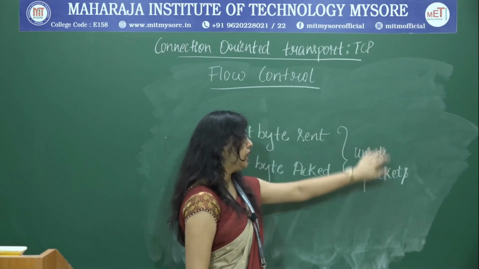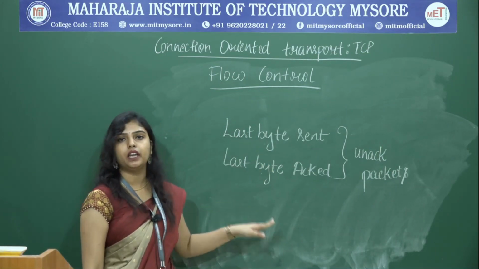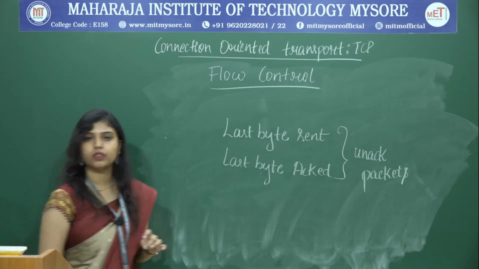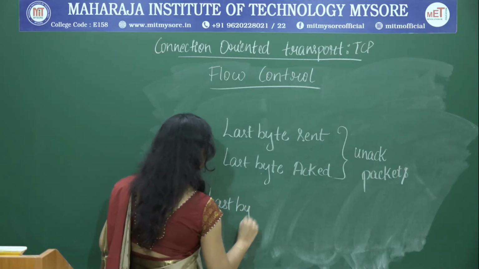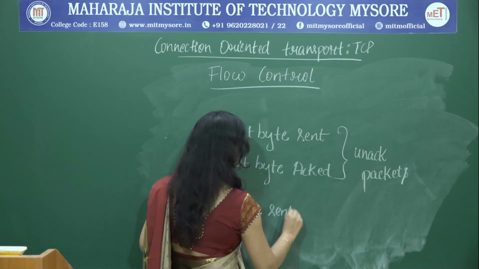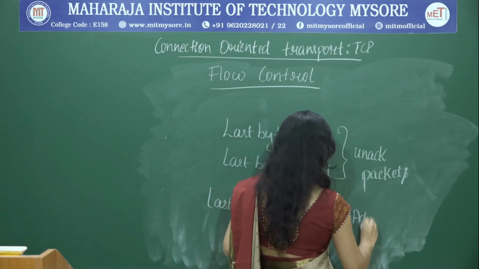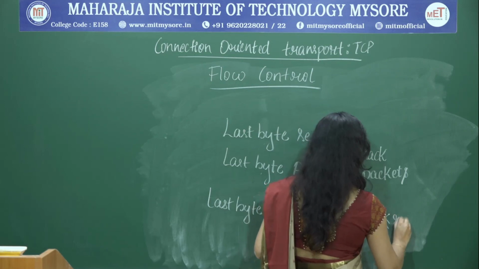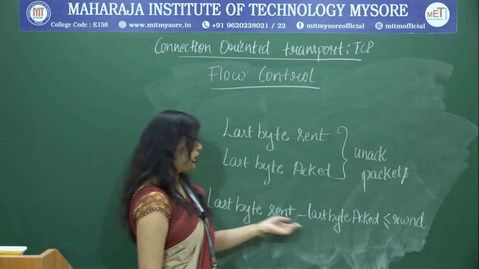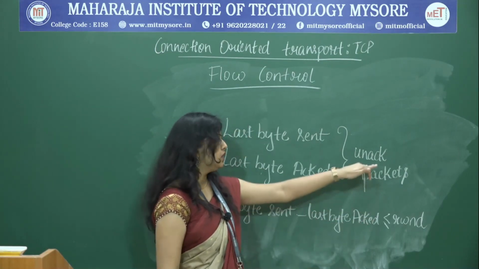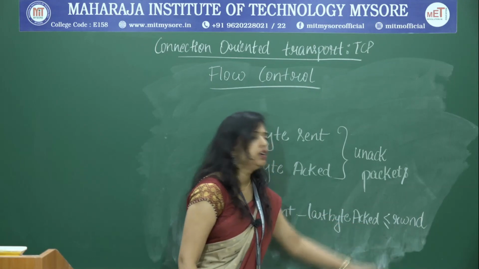So, by keeping track of the difference between these two variables, last byte sent minus last byte acknowledged, the total unacknowledged data should always be less than or equal to the receive window.